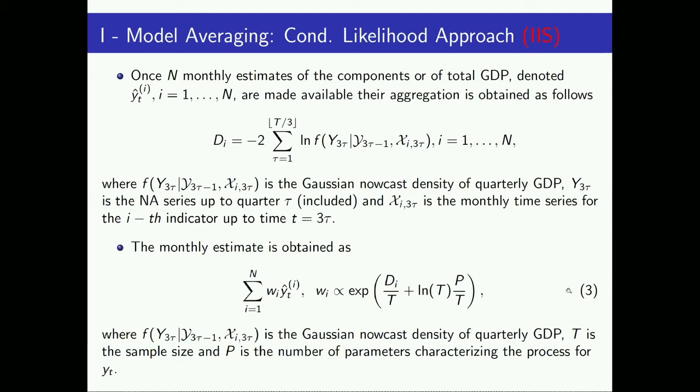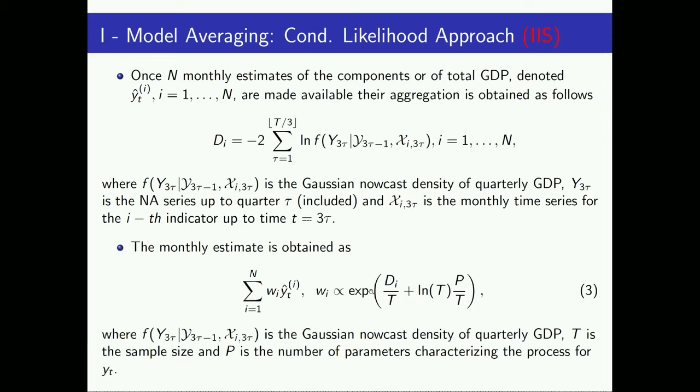And here, as you can see in equation 3, we construct the weights that produce the final estimate proportional to the deviance plus a penalty term, and we can say that this approach is quite similar to a Bayesian information criterion approach.